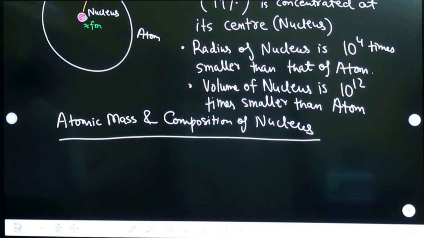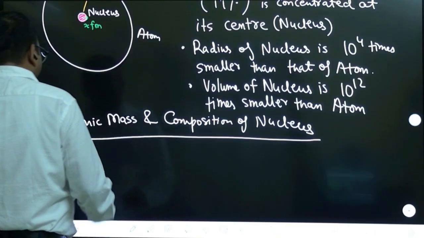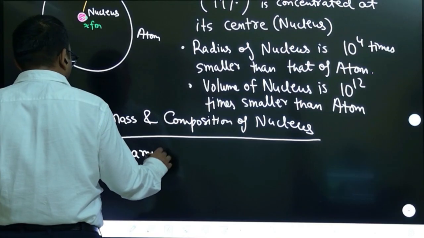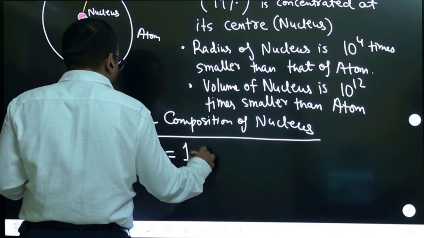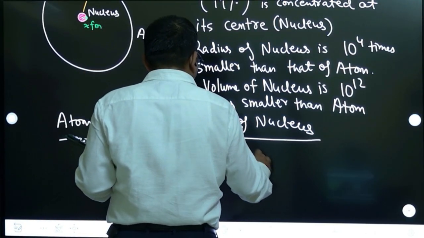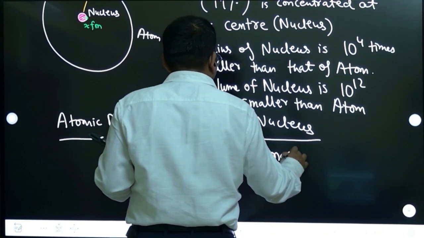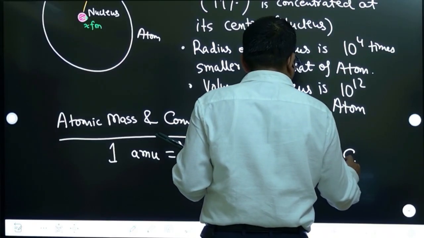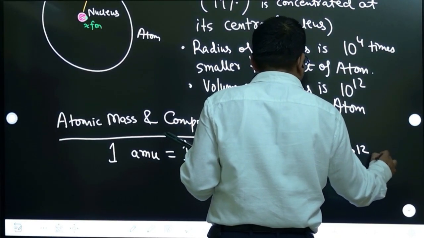Atomic mass. What is the mass of an atom and its composition? So first of all, we must know the unit, atomic mass unit, or simply 1 u, that is 1 by 12th of the mass of a carbon-12 atom.